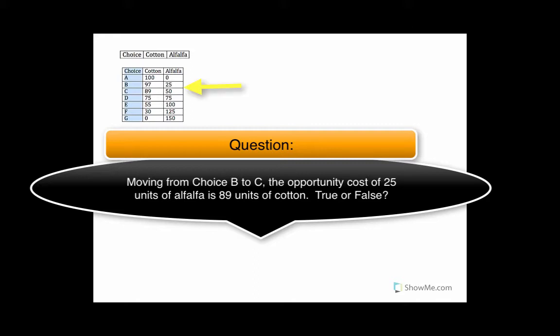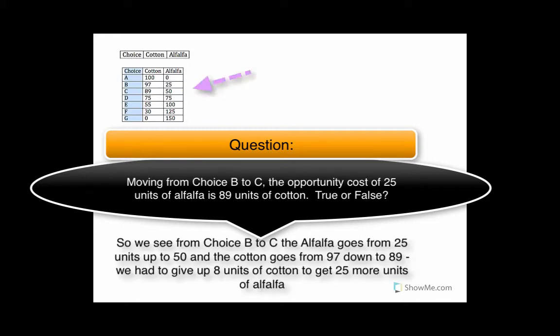So at choice B, we have 25 alfalfa and 97 cotton. Then moving to choice C, we gain 25 alfalfa, but we lose 8 cotton. And that's the opportunity cost. What do we forego by increasing our production of alfalfa? The opportunity cost is just 97 minus 89, which is 8. So this is going to be false.